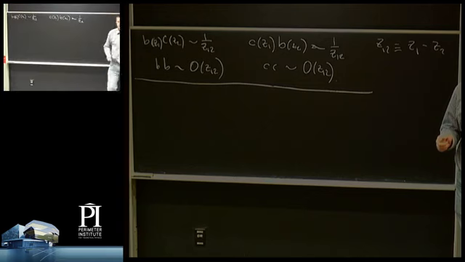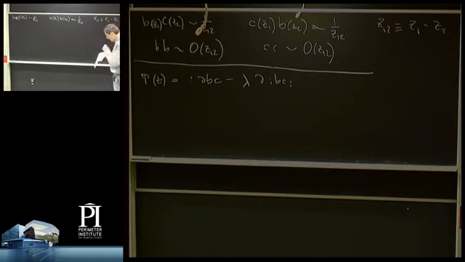I'm just keeping track of the leading singularities. There is a twice sign flip: one because I anticommute B and C, and the other because Z12 by definition is just Z1 minus Z2. So those are the right contractions.